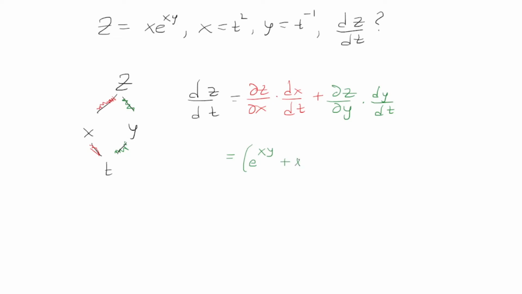So this would be xy e to the xy times dx dt, that's going to be 2t, plus, now we want the derivative of z with respect to y. So x is going to be a constant, so that's going to be x squared e to the xy, and the derivative of y with respect to t, that's negative 1 over t squared.